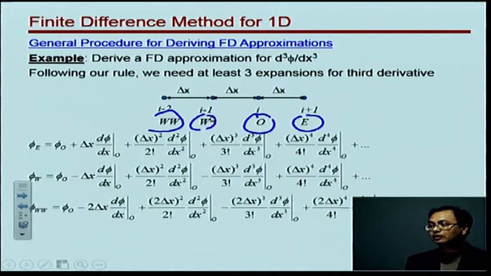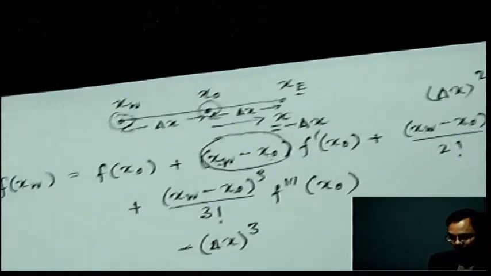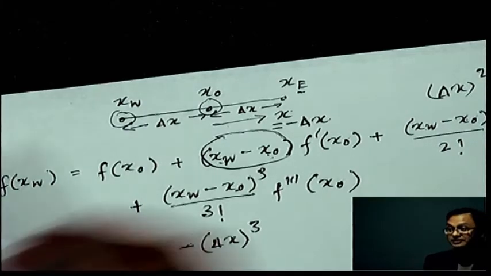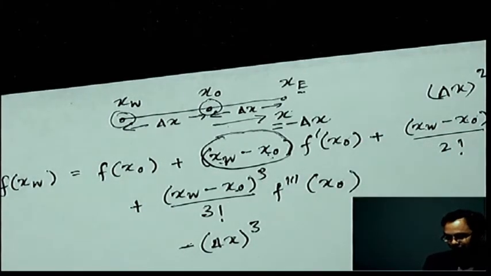Remember, let me go back to what I derived here. When we do Taylor series expansions, the point about which you are doing the expansion is called the pivot point. This guy here.